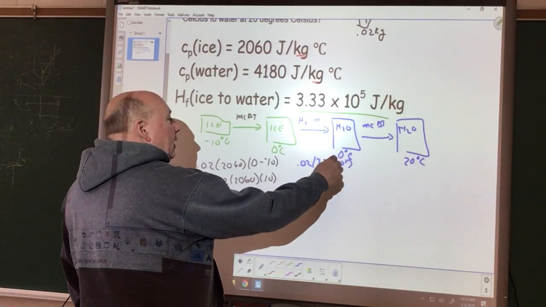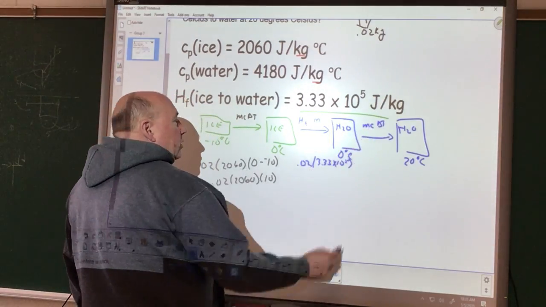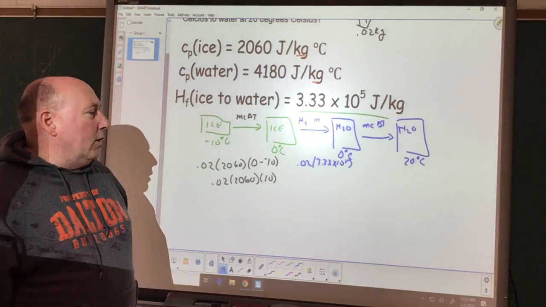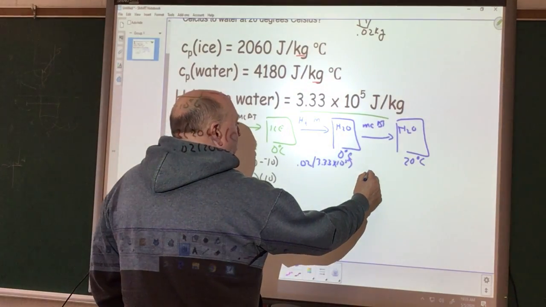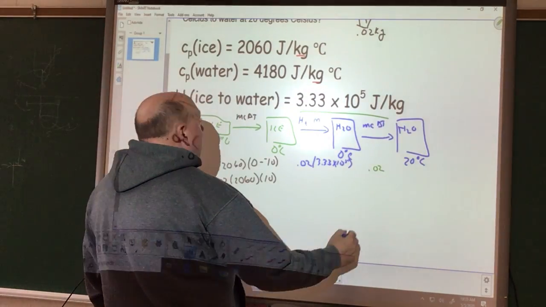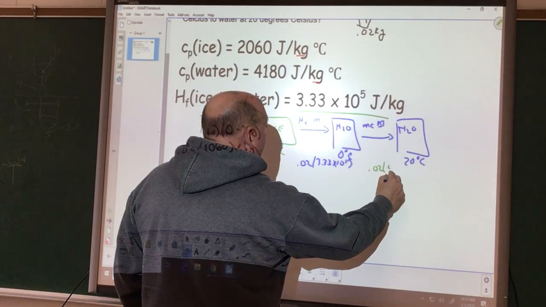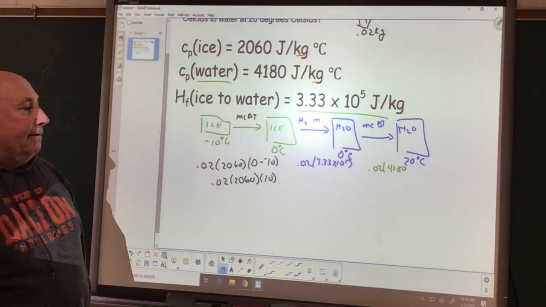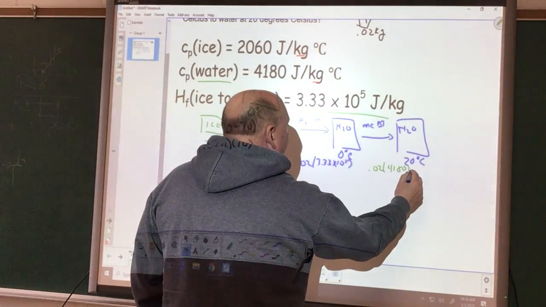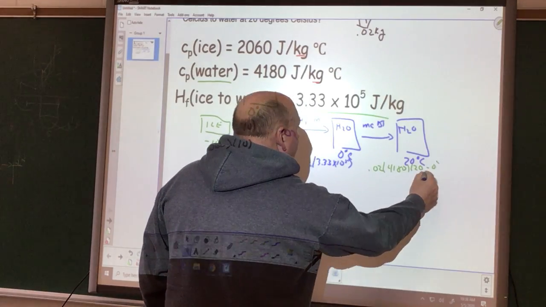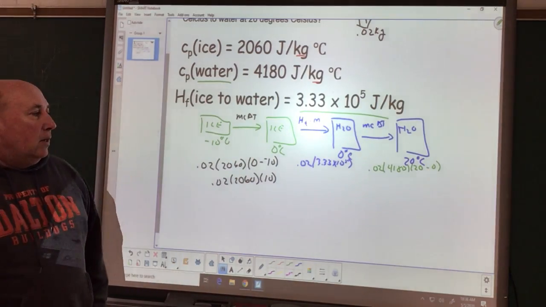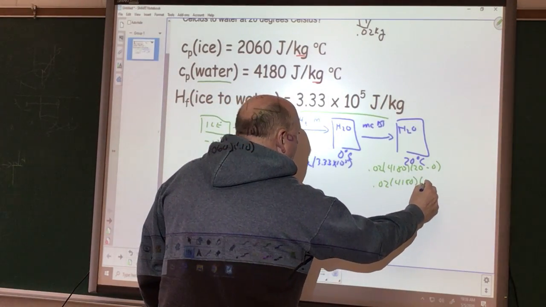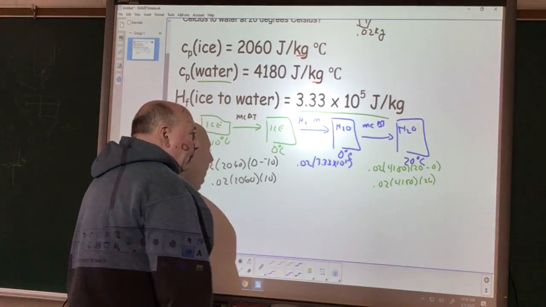And then finally, we have our last, which is our mc delta T. We have to take water from 0 degrees Celsius to 20 degrees Celsius. So we have 0.02, our mass, times 4180, because now we're dealing with water, and then our final, which is 20, minus our initial, which is 0. So we have 0.02 times 4180 times 20.